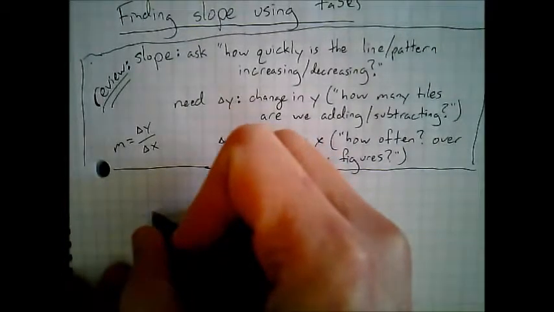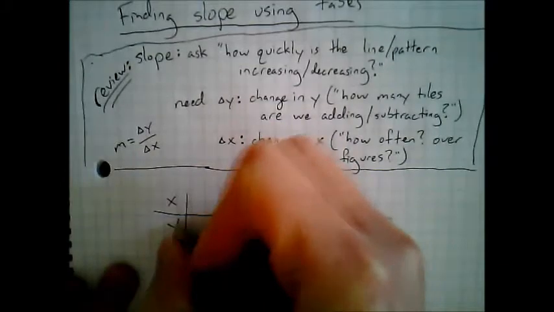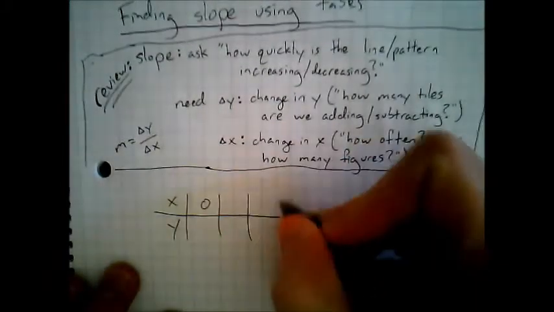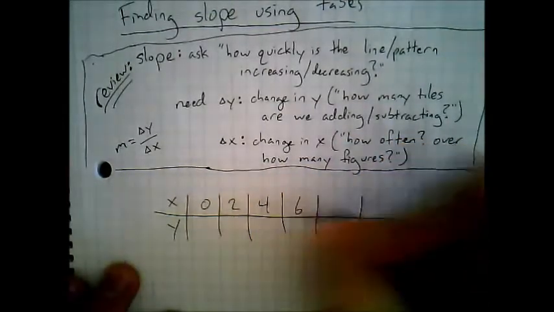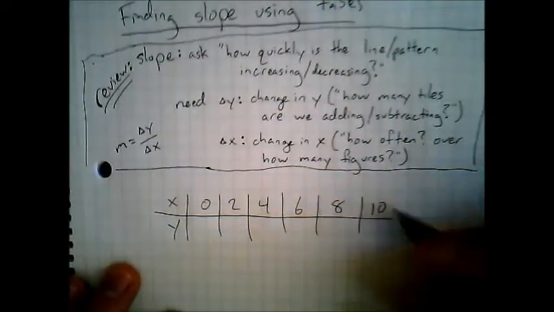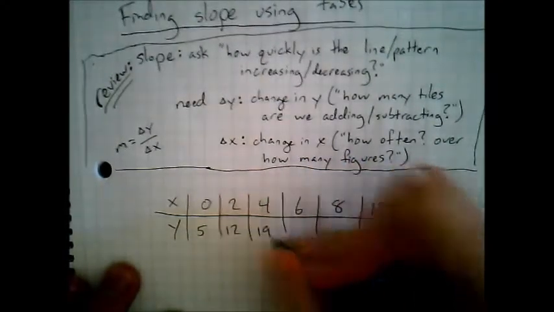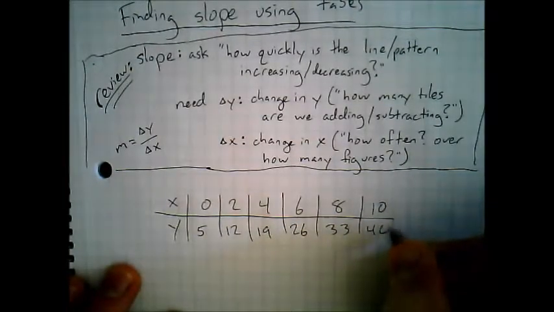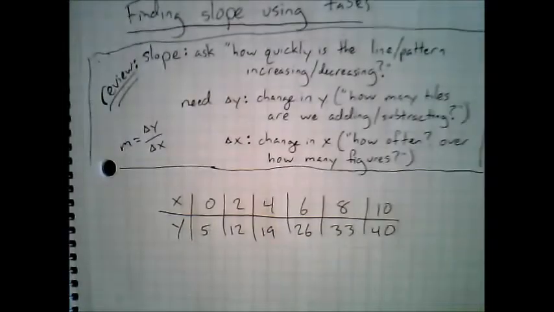So our first example, we just have an XY table. And we've seen XY tables before.